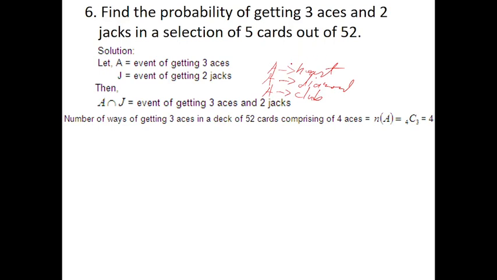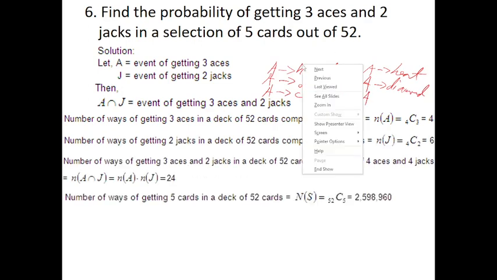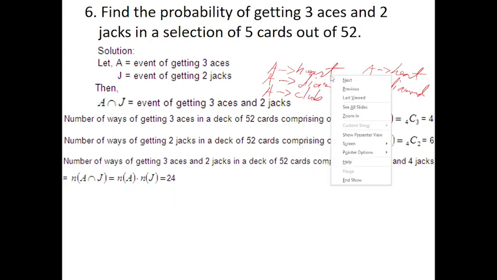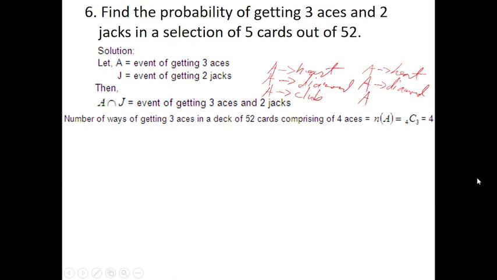Pwede rin yung ace na heart, ace na diamond, ace na spade.